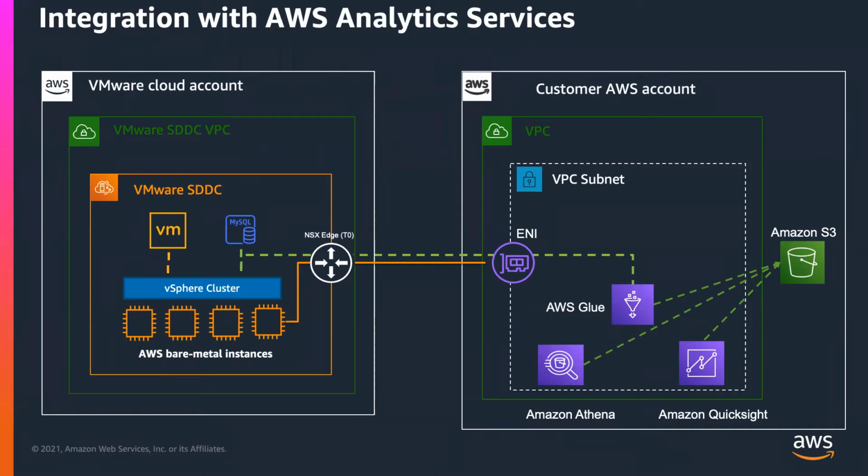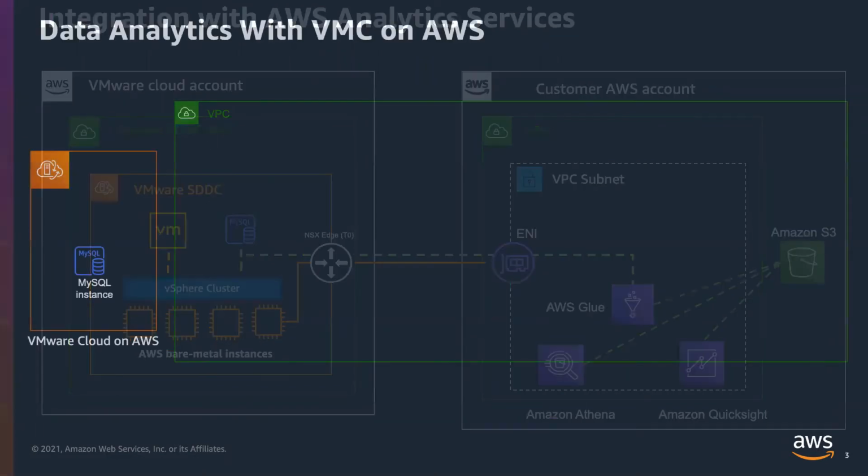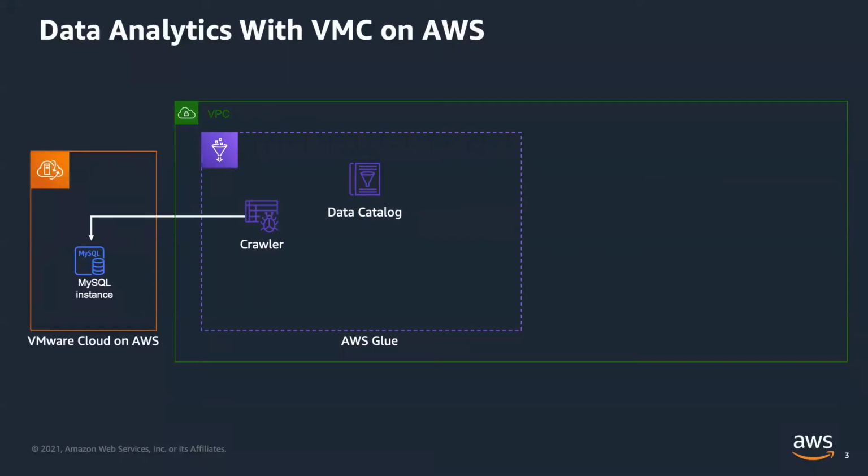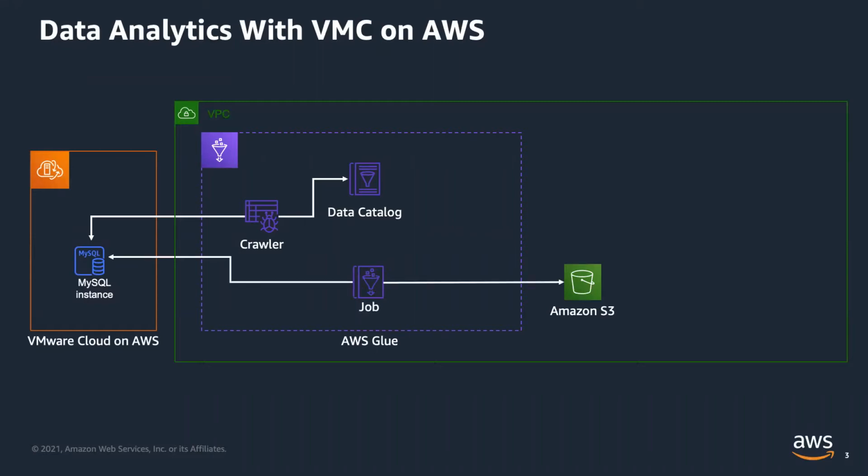This is what we're going to do today. We'll have a MySQL instance. This is a virtual machine which will be running on the VMware Cloud environment. Then we will set up a catalog using a crawler that Glue provides us. And then we'll run an ETL job and populate the S3 bucket.